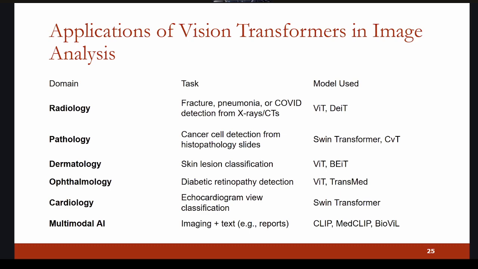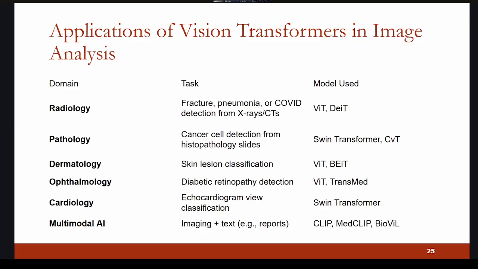Okay, radiologists are using ViT and DeiT transformers. The task is to classify the chest x-ray images in case of the COVID detection data set. People are using these transformers, and these transformers are performing better when compared to your previous deep CNN architectures.